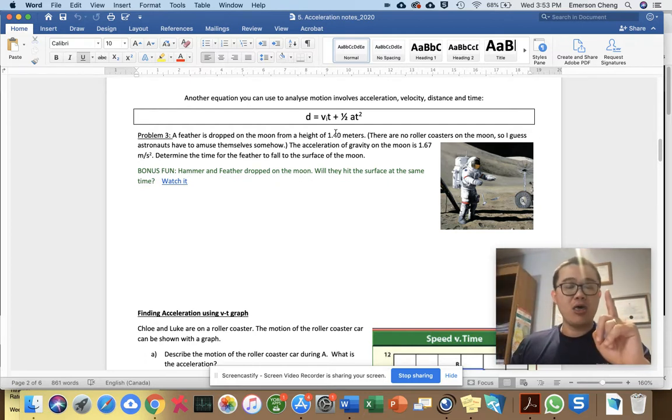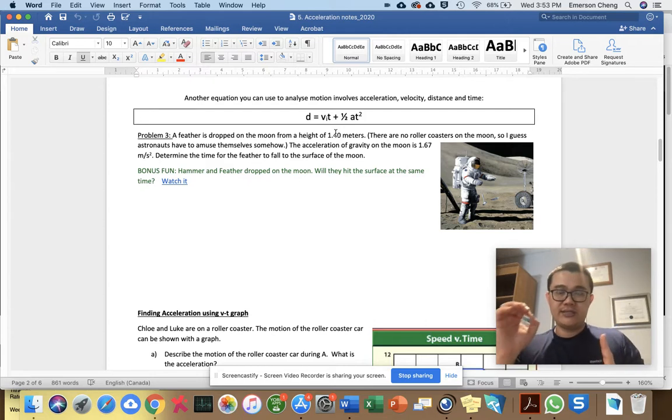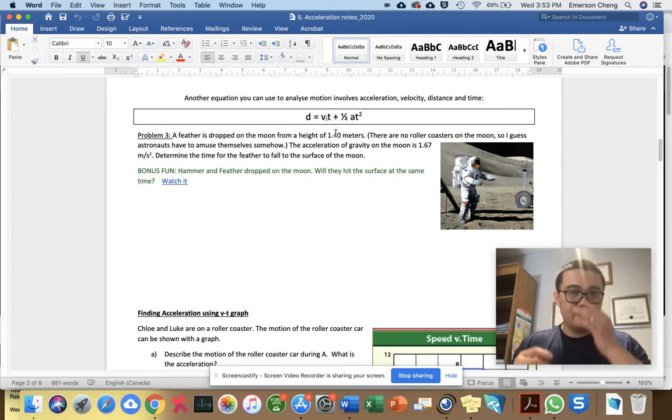If something is thrown, there is an initial velocity. Most of the time, when you're looking at a physics question and something is going down, you usually see something being dropped.